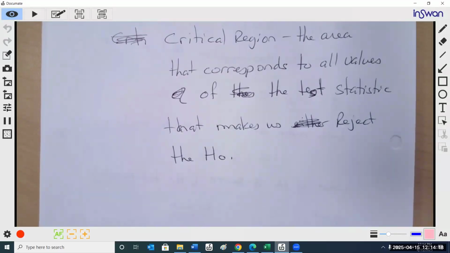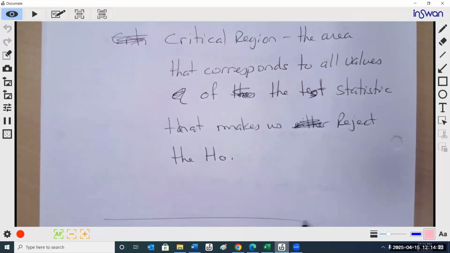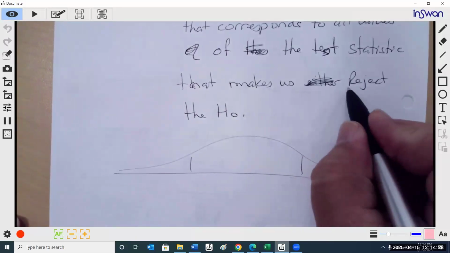The critical region is the area that corresponds to the values of the test statistic that makes us reject. This is important.